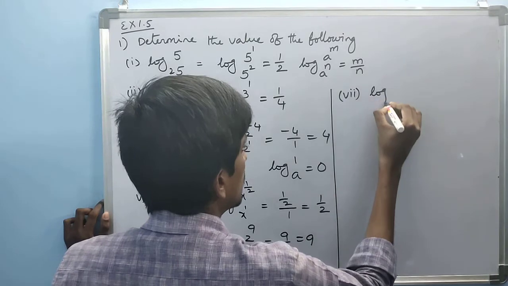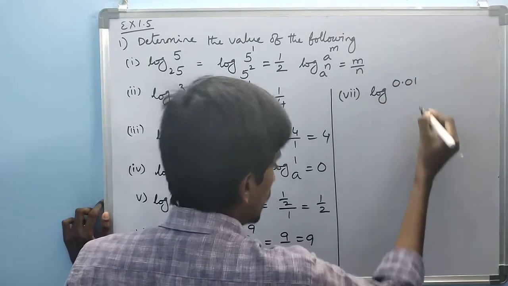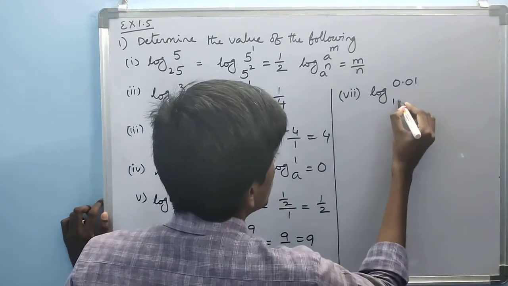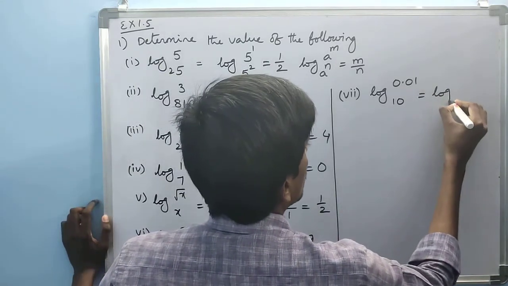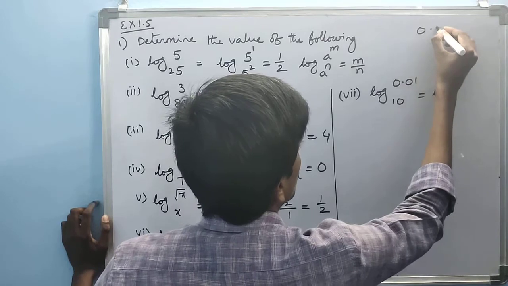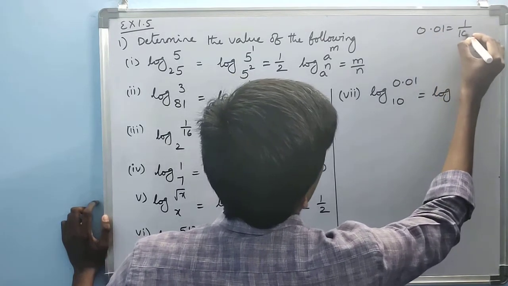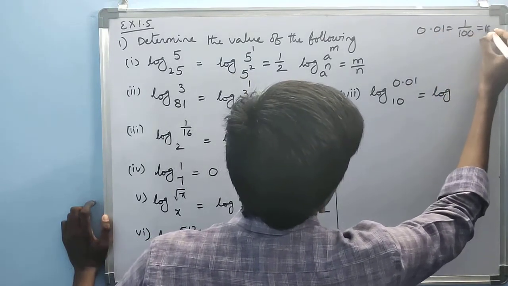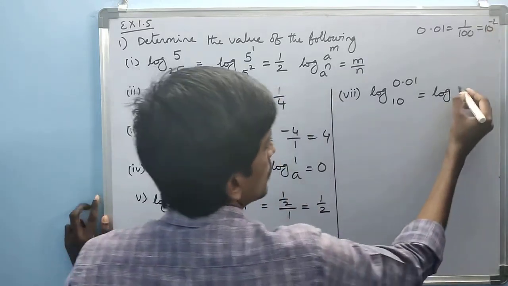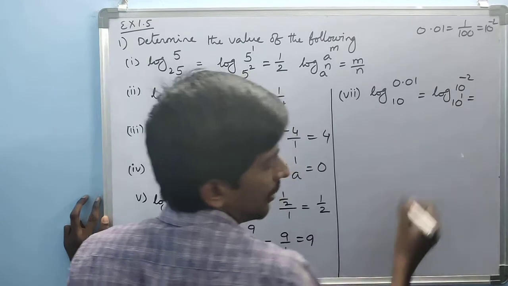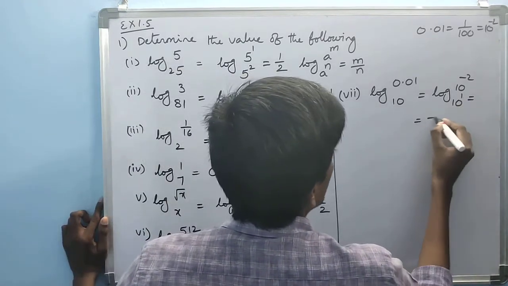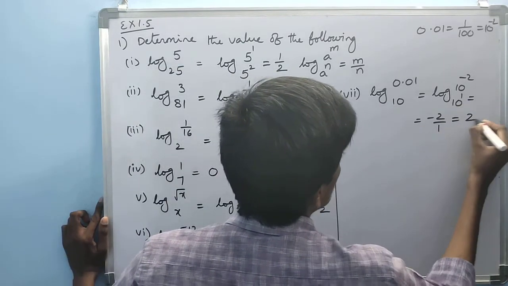Log 0.01 base 10. Okay. 0.01 can be written as 1 by 100. 1 by 100 means 10 power minus 2. So 10 power minus 2 by 10 power 1. So minus 2 by 1 is equals to 2.